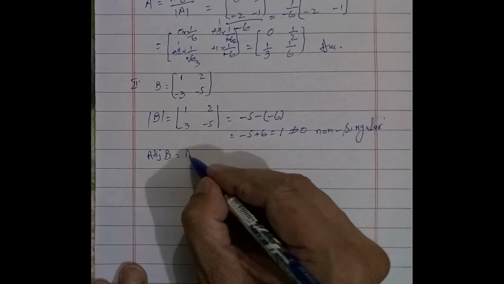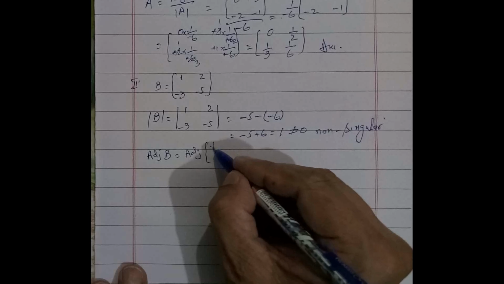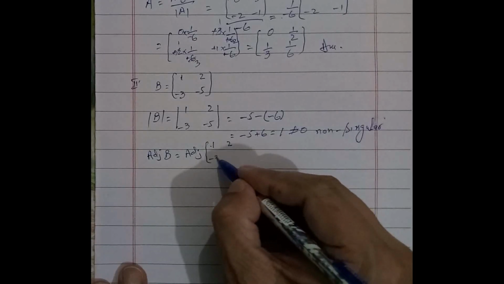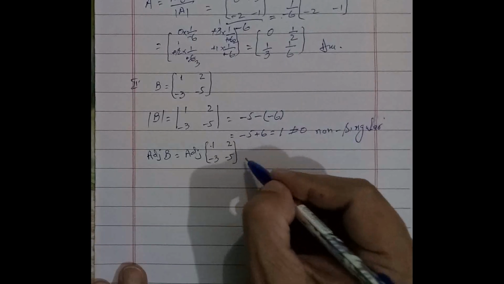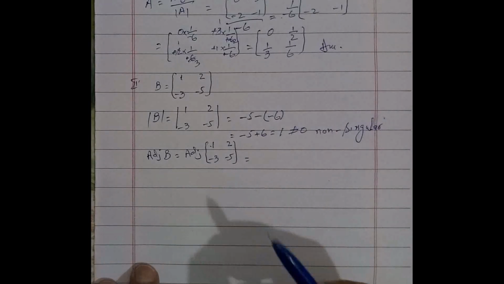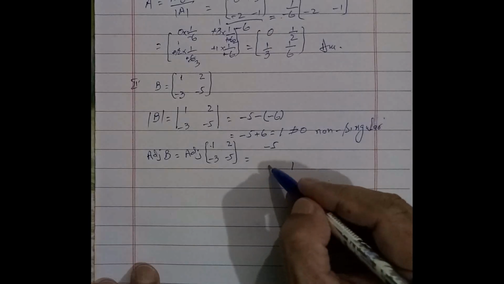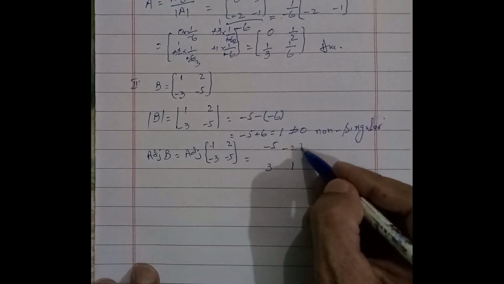which is equal to adjoint B. The B matrix is 1, 2, minus 3 and minus 5. By applying adjoint to the matrix, we get minus 5, 1, 3 and minus 2.